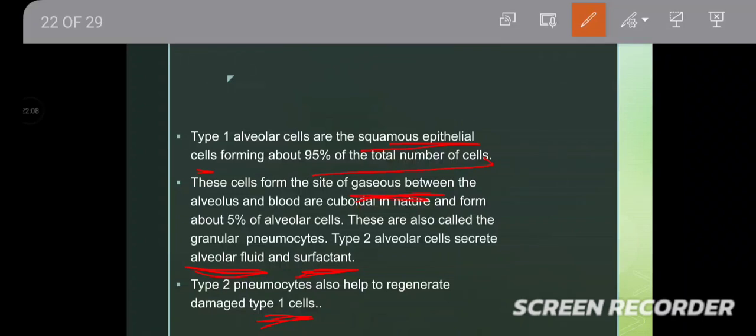Gaseous exchange. The type 2 are large but fewer in number, making about 5% of the alveolar cells. Their main function is to secrete surfactant and alveolar fluid. They can also regenerate damaged type 1 cells.